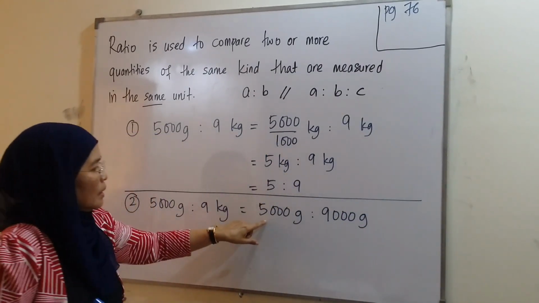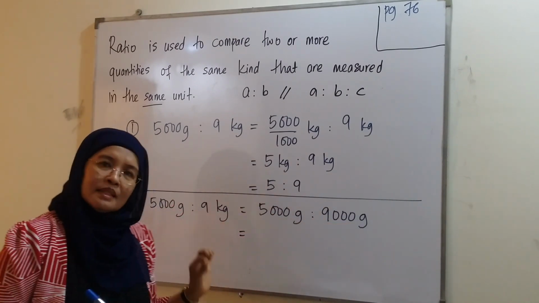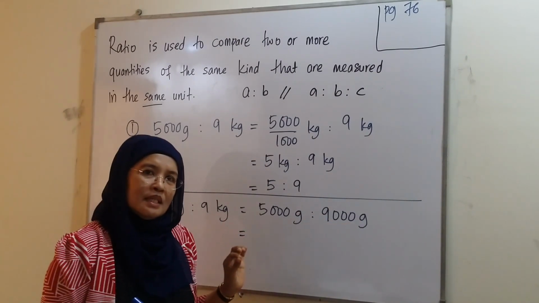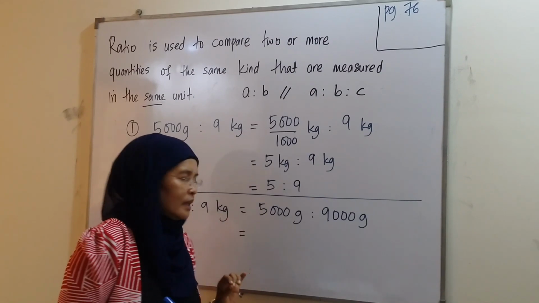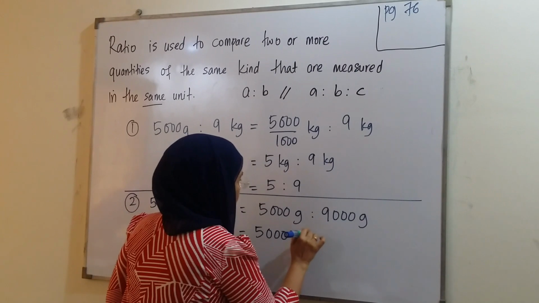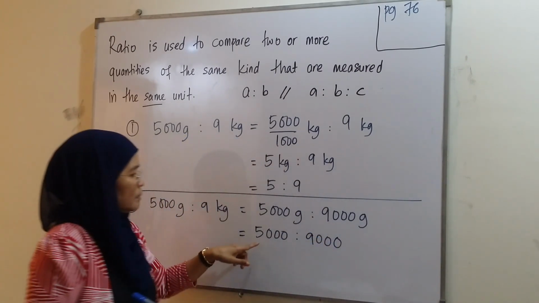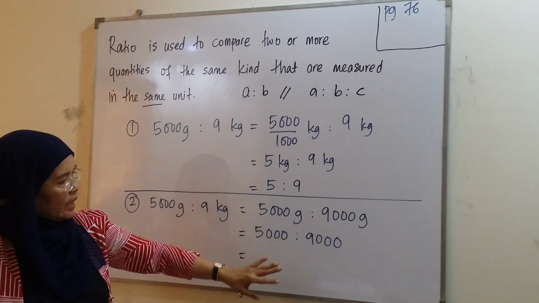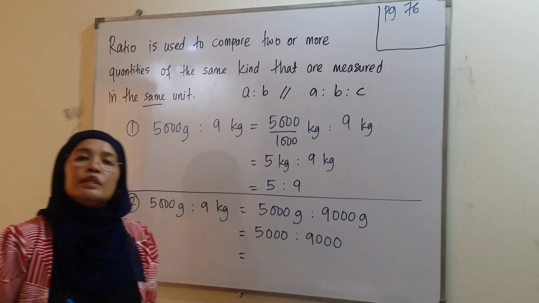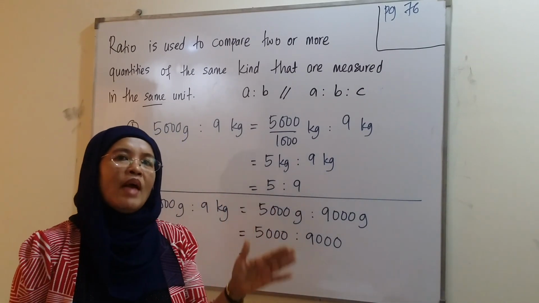Now the unit is the same. As I said before, when the unit is the same, we can get rid of the unit. So we write 5,000 ratio 9,000. The unit is gone already. The final answer should be in the simplest value.